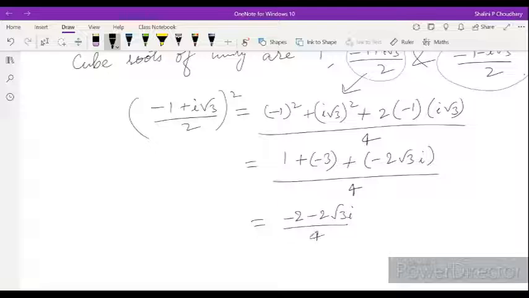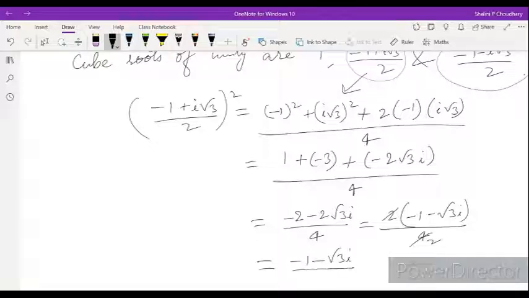Now we'll take 2 common and divide. So we get minus 1 minus root 3 i, divided by 2.